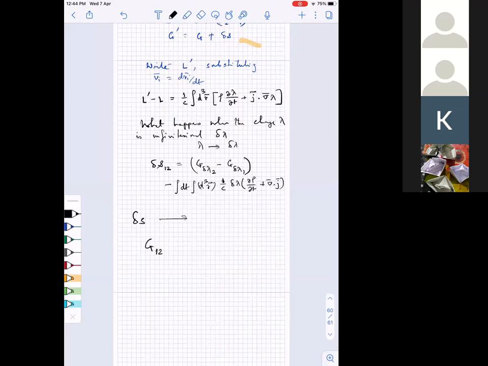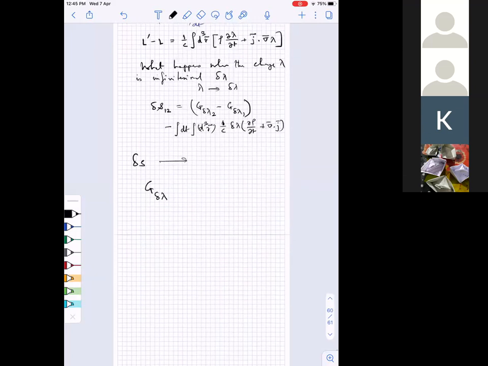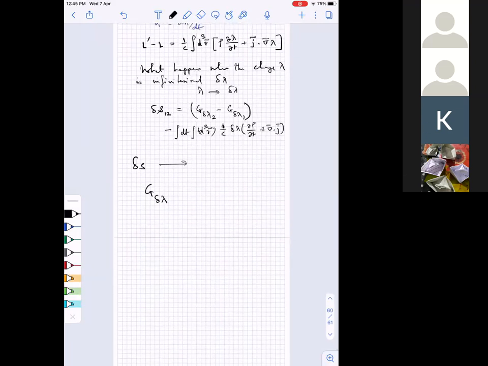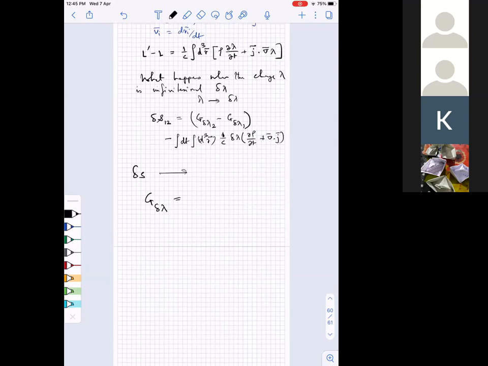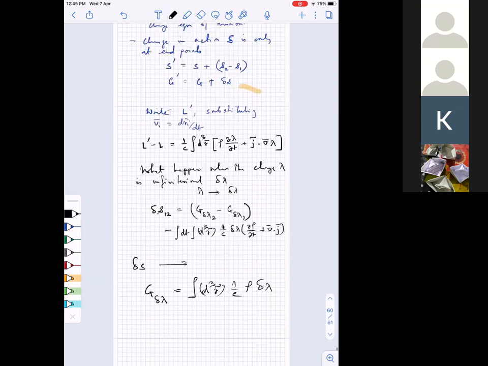I want to write down my G due to the small change of delta lambda. Both the endpoints have a small delta lambda change. Changes in endpoints are due to delta lambda, and that affects both the endpoints. That's why I'm saying G delta lambda. This will basically be G over C delta lambda. This is what it was.